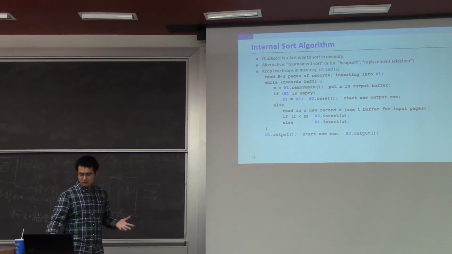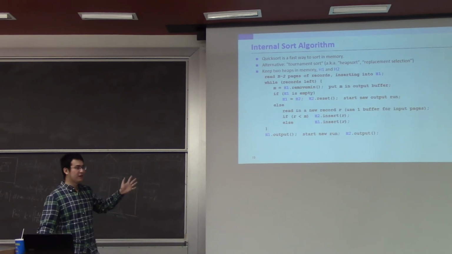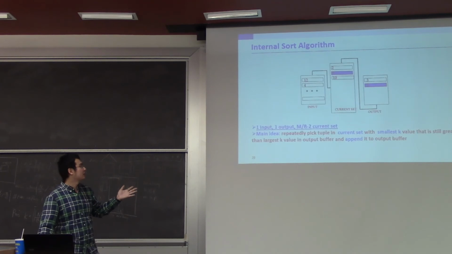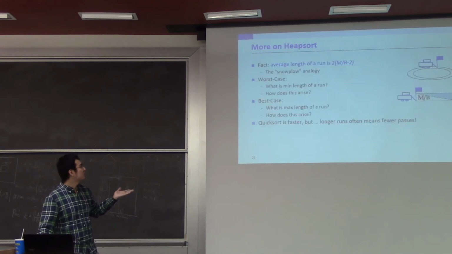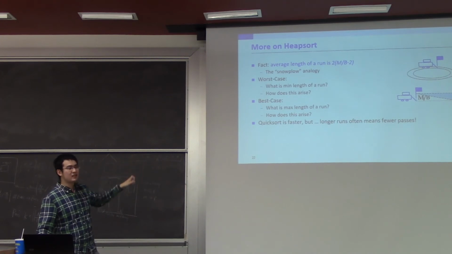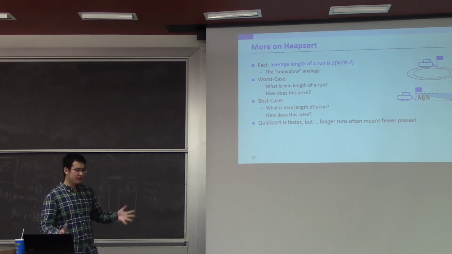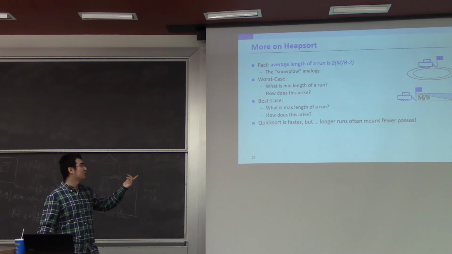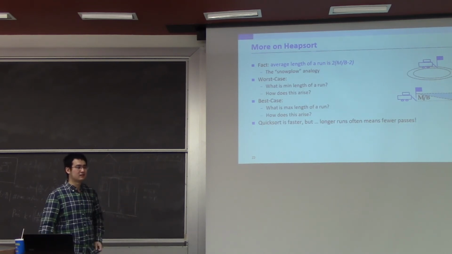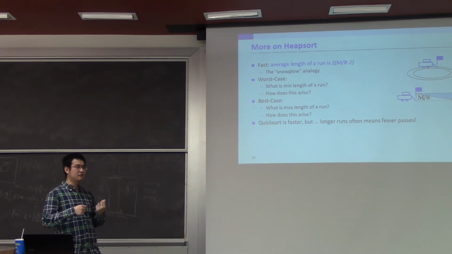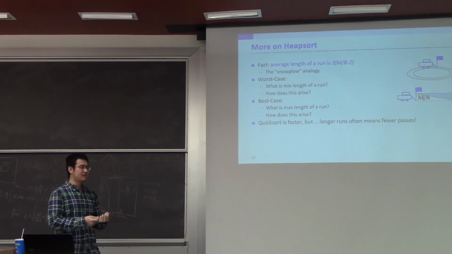right? But with this, if your data is fully sorted, actually this is what we are going to talk about. What's the best case of this? If your data is fully sorted, you will get a run of the length of your whole data, right? Because each time you get a new element, it's going to be larger than the element you removed from H1.